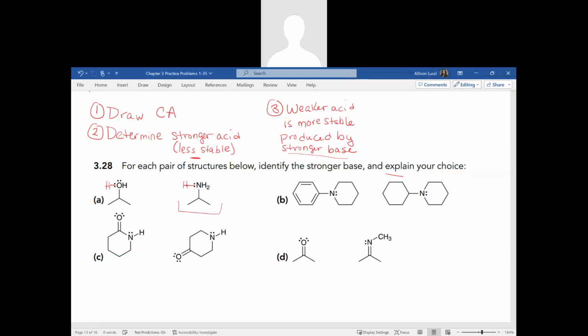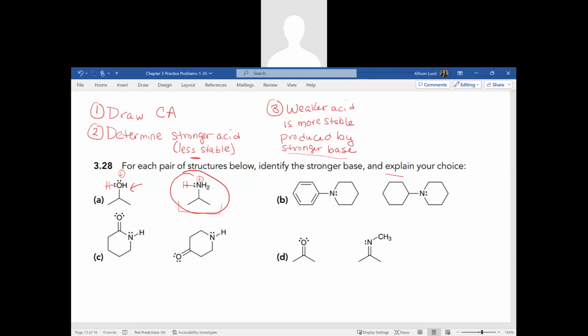Because the positive charge is better stabilized, that would result on nitrogen versus a positive charge that would result on oxygen. So if we determine this compound over here to be the stronger acid, the less stable compound, we would know that this here would be our stronger base.